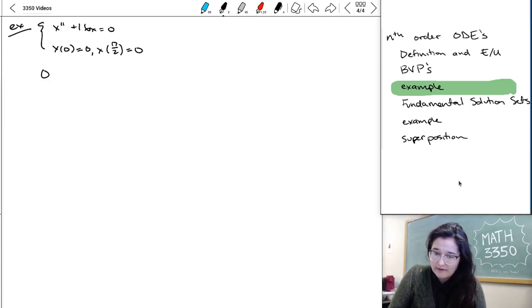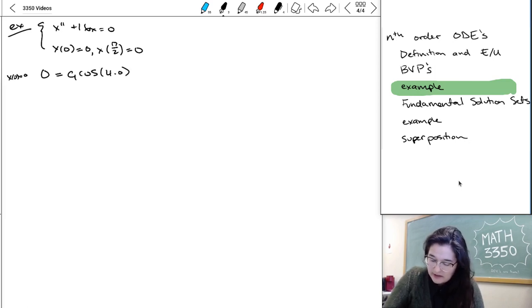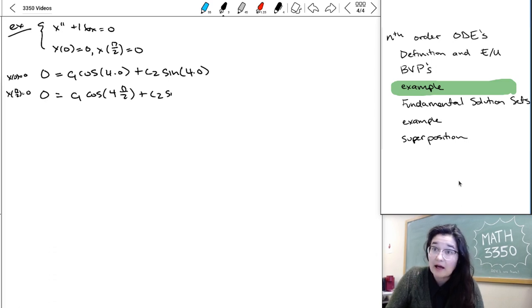So for x of 0 equals 0, I need 0 to be equal to c1 cosine of 4 times 0 plus c2 sine of 4 times 0. And for x of pi over 2 equals 0, I'll need 0 equals c1 cosine of 4 pi over 2 plus c2 sine of 4 pi over 2.